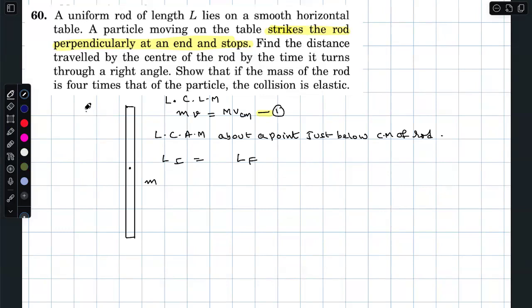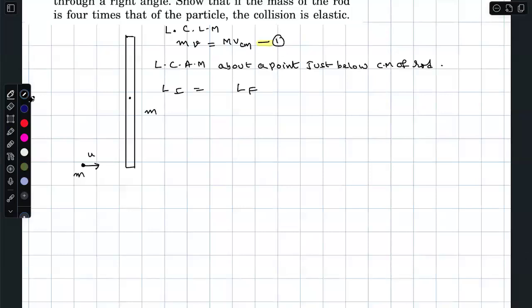Okay, now you said that you have a point mass moving with velocity u. This is the situation just before.